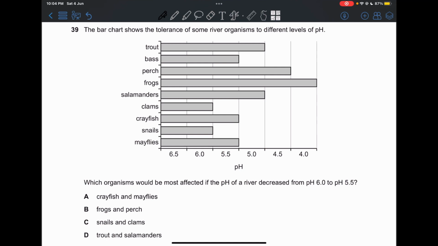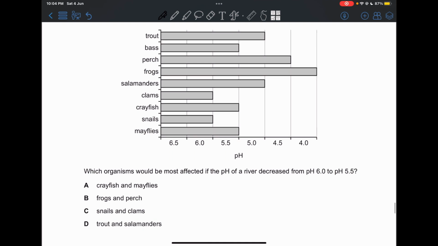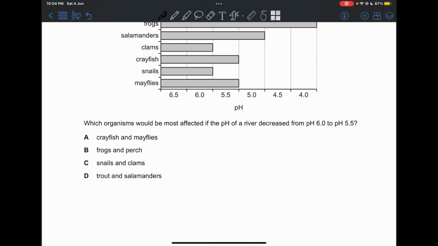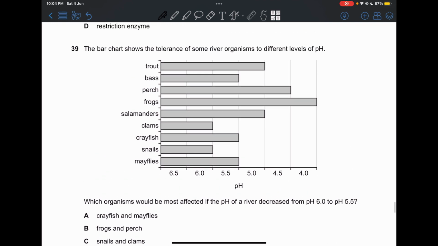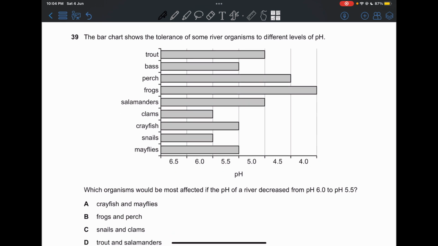Now, question number 39. The bar chart shows the tolerance of some river organisms to different levels of pH. Which organism would be the most affected if the pH of a river decreased from pH 6 to pH 5.5? Now, we're going to be looking at the organisms that were in pH 6 and weren't present in pH 5.5 because these are going to be the most affected.